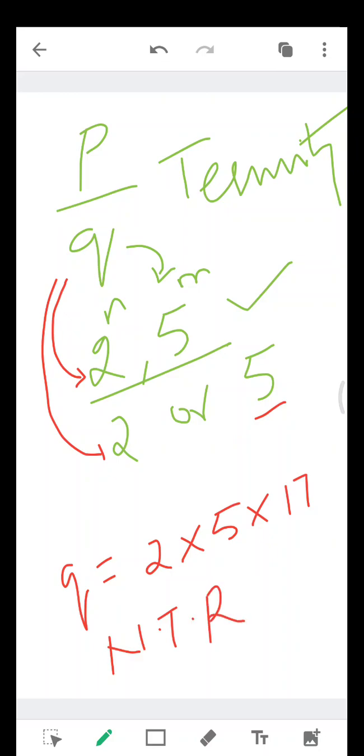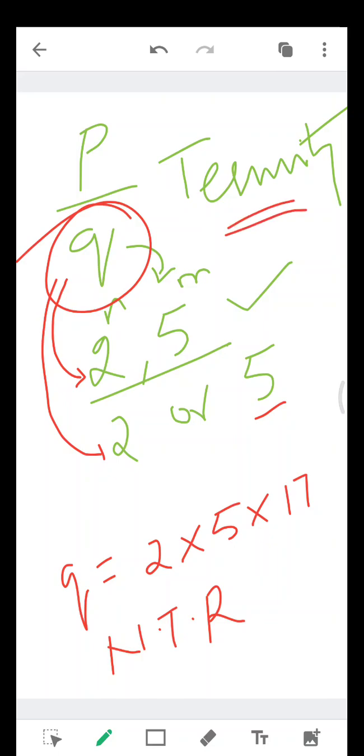So if you make it simple, you should have only 2s and 5s, 2 or 5 or both. If the denominator can be written as prime factors of 2s or only 5s or both 2 and 5, then it has a terminating decimal expansion.